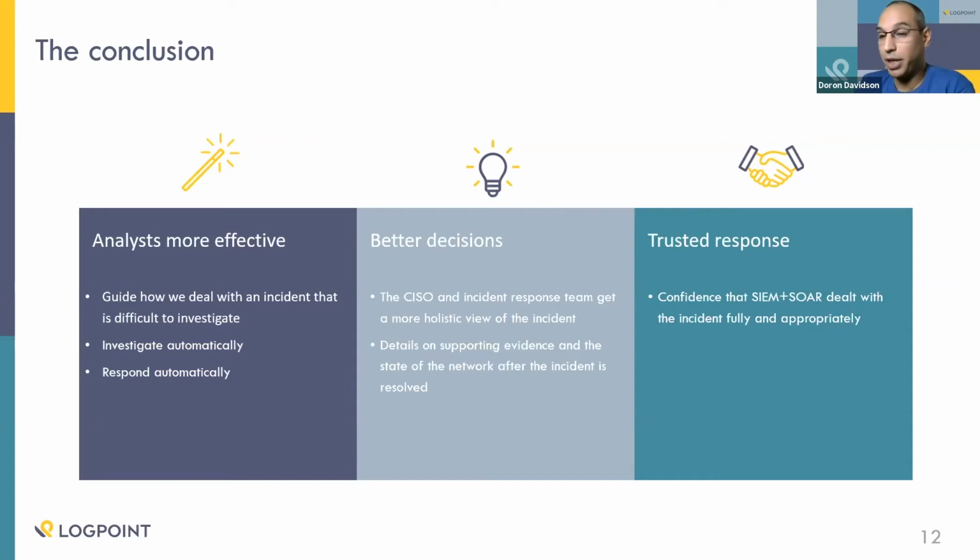So I can also make better decisions. I can make more guided decisions based on all of these processes, and I can trust my response, which means that the effectiveness of my responses grows within my security operations center as part of the whole team.